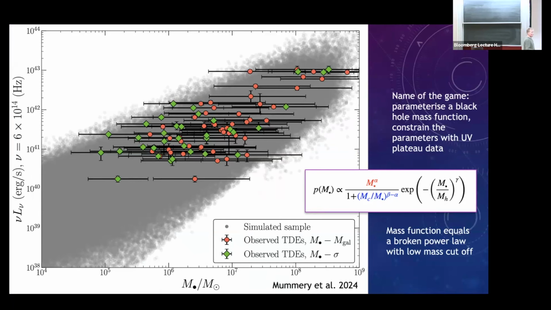I can then repeat the 1 million TDE sampling. This will give me a predicted distribution of plateau luminosities, which I can compare with the observed distribution. And that will give me some likelihood of seeing this distribution of plateau luminosities given two power law indices and a break. Okay, if I can define a likelihood in terms of parameters, I can maximize that likelihood.